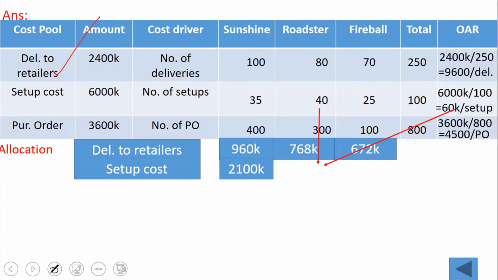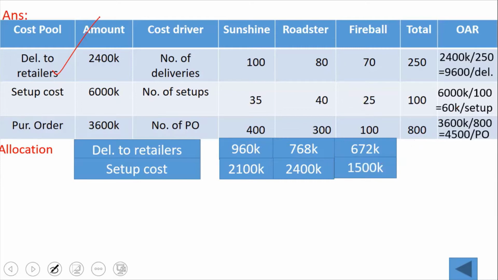So 60,000 multiplied by 40 comes to 2.4 million. Now regarding Fireball, again, for one setup, it is $60,000, and Fireball takes 25 setups. So the total amount is 60,000 multiplied by 25, giving $1.5 million.